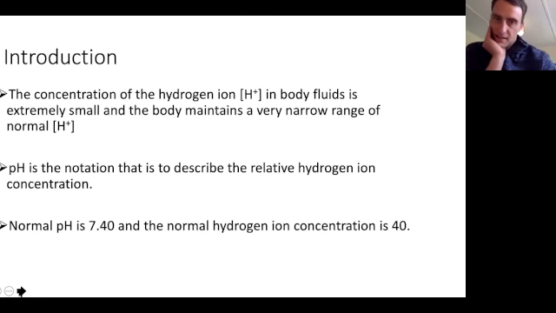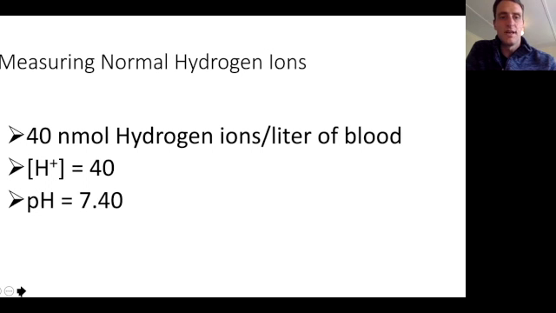The concentration in body fluids is small, and so the body works very hard to keep that concentration in a very narrow range. pH, as you know, is what we measure or report to describe hydrogen ion concentration, and the normal pH is 7.4. That's measured by looking at the quantity of hydrogen ions per liter of blood and reported most commonly as 7.4 for normal pH or 40 for the hydrogen ion concentration.